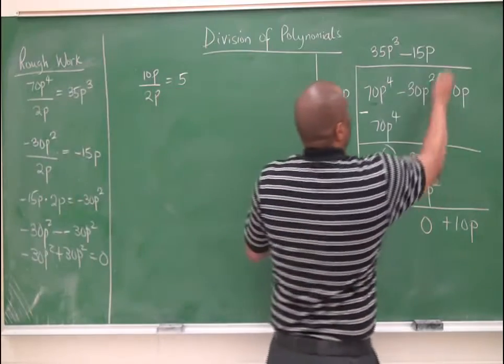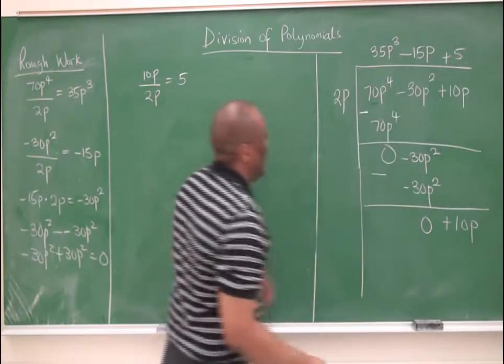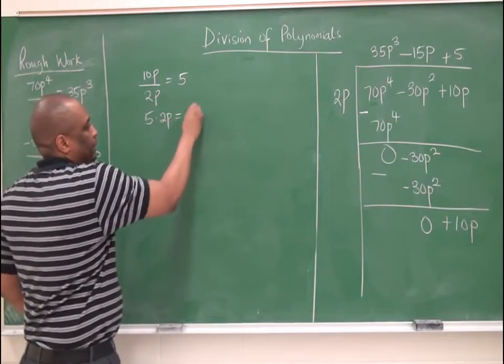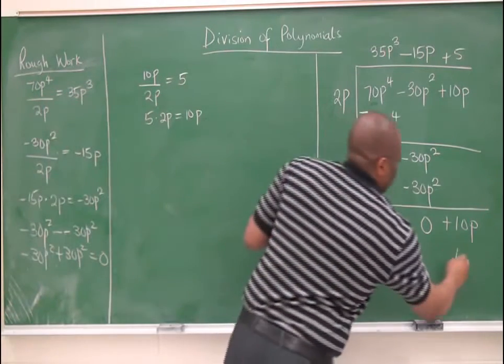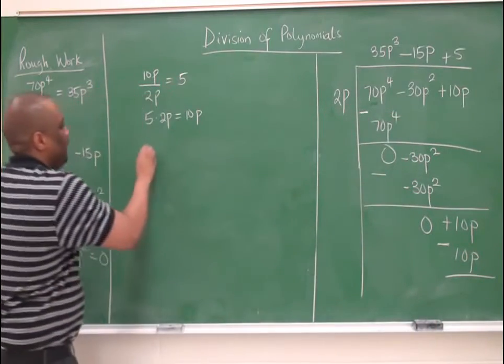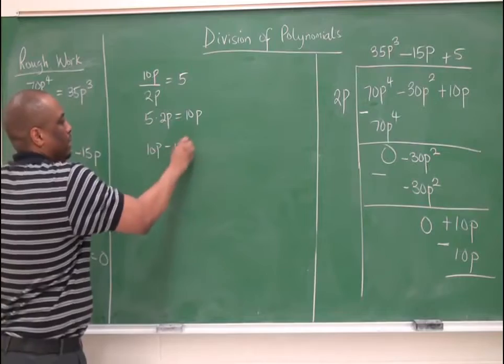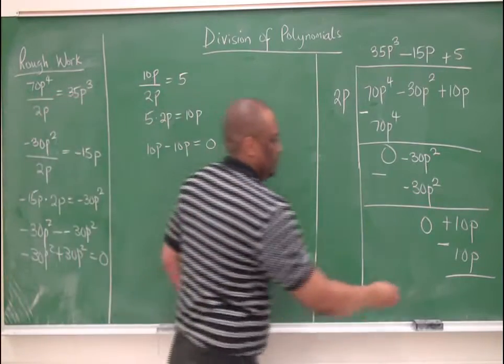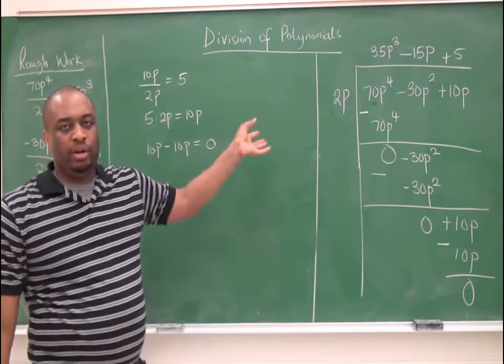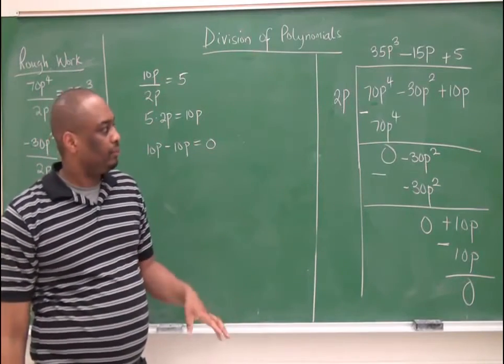So this is plus 5, and then you do 5 times 2p, and it gives you 10p. You write 10p, and then you put your negative sign here. 10p minus 10p is 0. So this is pretty cool if you look at it this way.